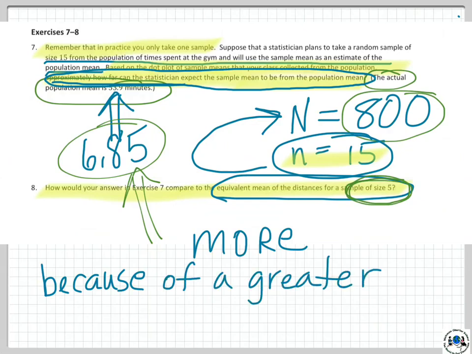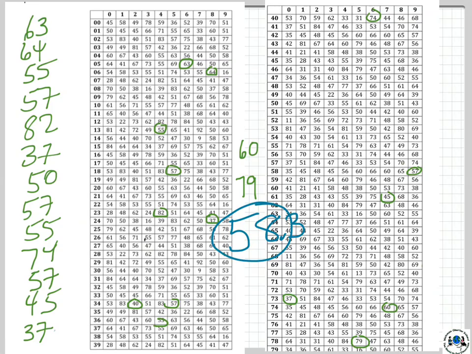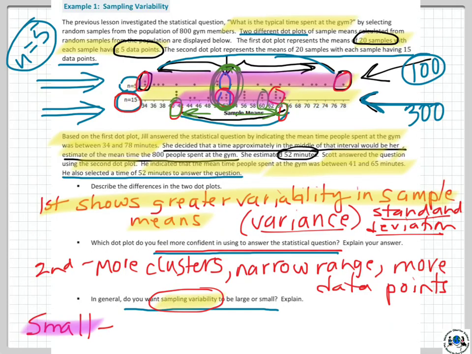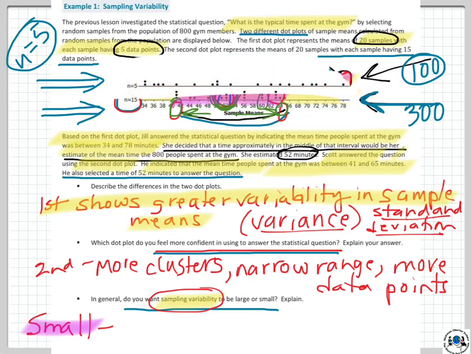Because if we go back and look at those dot plots early on, here, yes. So this big mess I've made here, I'm going to go ahead and just erase all that. If you look at these dot plots, the top one is n equal to 5. That means sample size was 5, 20 samples of 5, and this was 20 samples of 15.